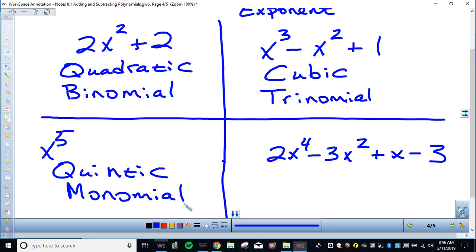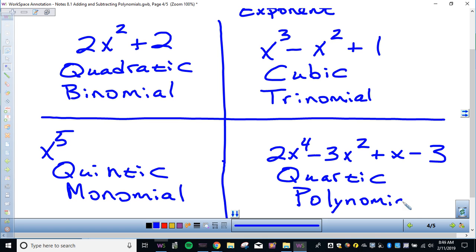Quartic, 4 quarters in a dollar. Four or more terms is called polynomial. So it should seem fairly easy, and the only thing in addition is that we add these things and subtract them. That's the whole first little lesson.